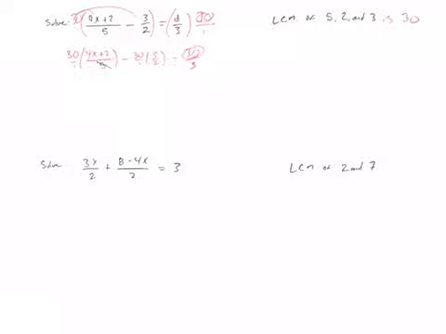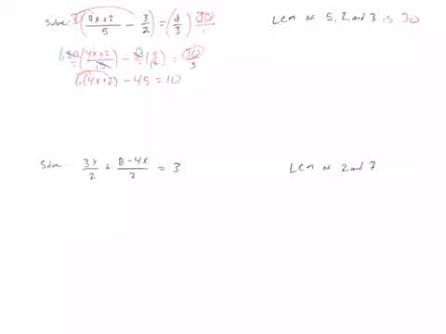5 goes into 5 1 time. 5 goes into 30 6 times. 2 goes into 2 one time, 2 goes into 30 15 times. So then my next row is going to be 6 times 4x plus 2 minus 15 times 3, 30, 45 is equal to 10.